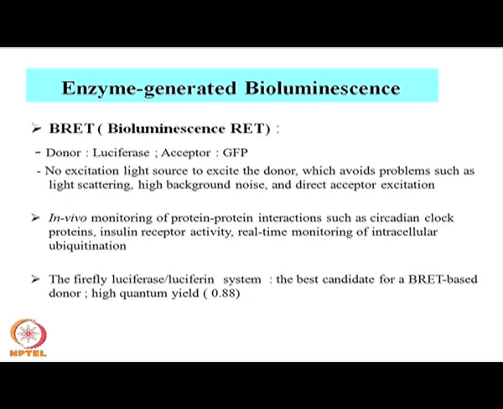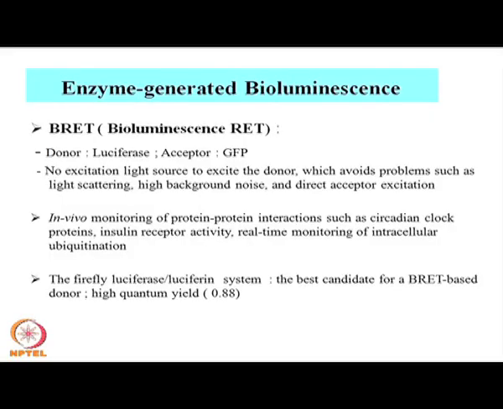So, the firefly luciferin system is the best candidate for BRET based donor, and it has got a high quantum yield, the quantum yield is very important. So, it has got a high quantum yield of about 88%, that means 0.88. Okay. So, this is very important.